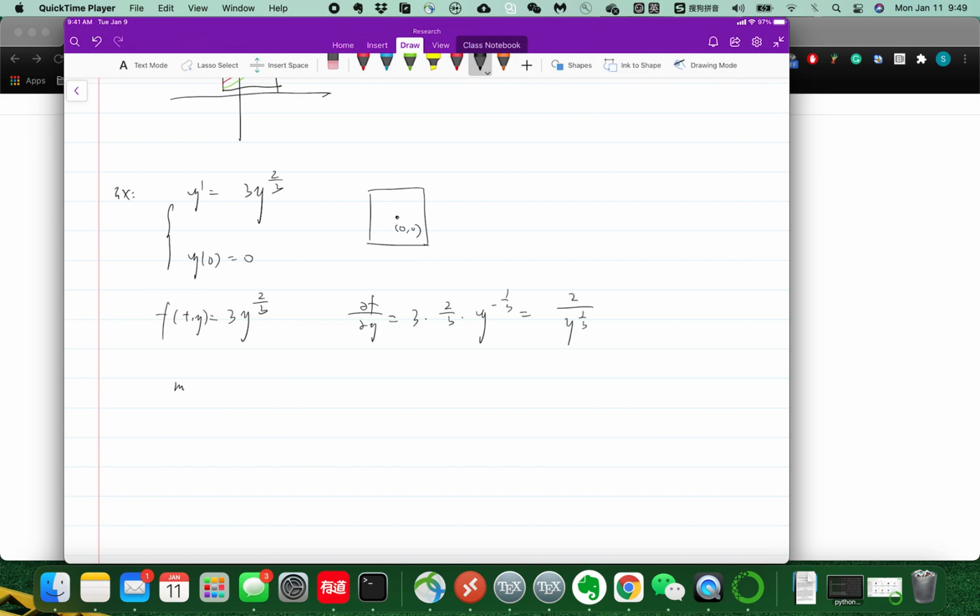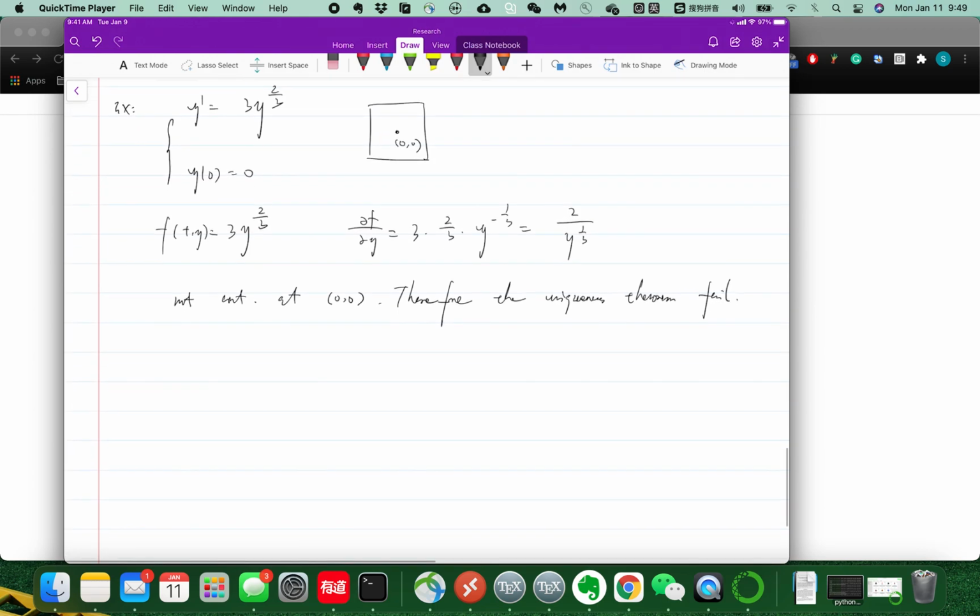Not continuous at (0, 0). Therefore, the uniqueness fails. Then the conclusion is not that your solution is not unique, but your solution possibly can be not unique.